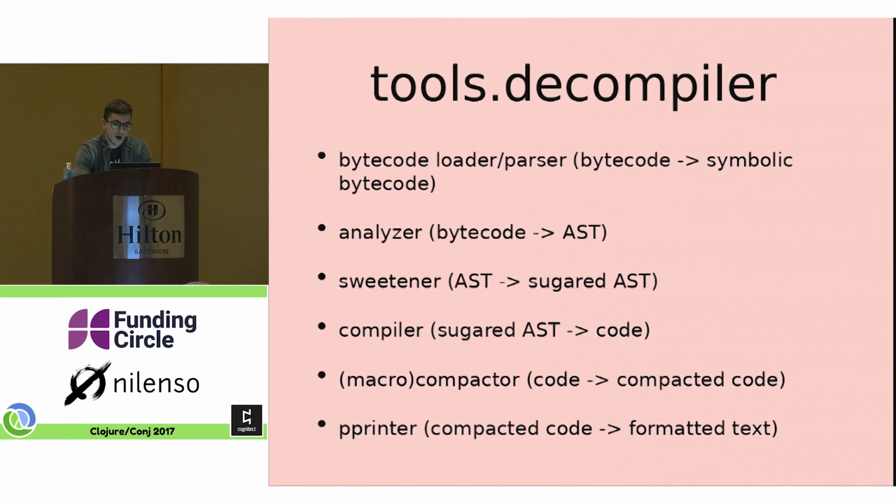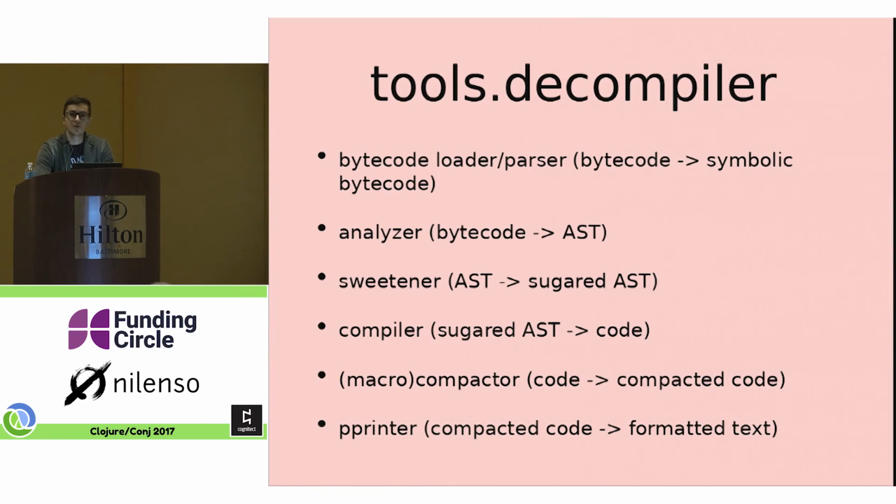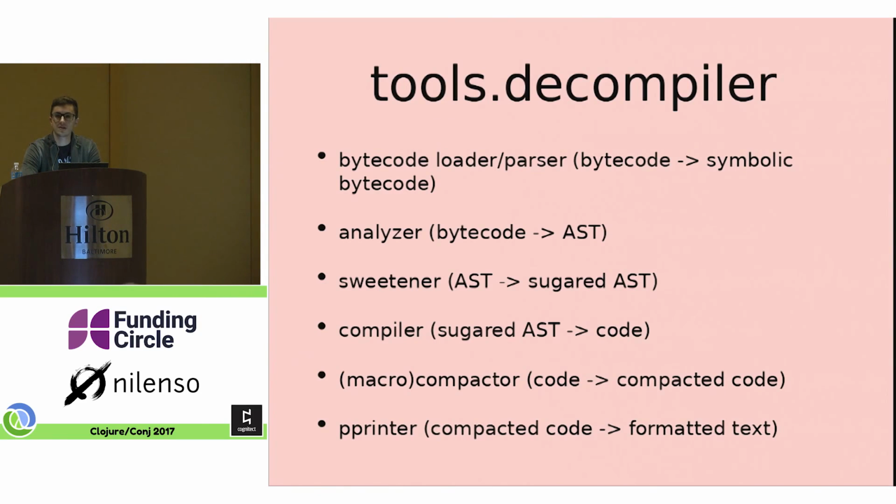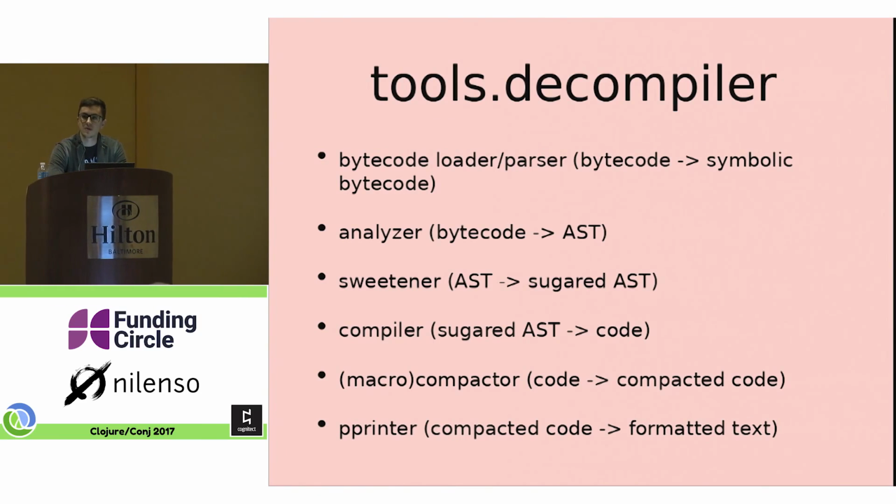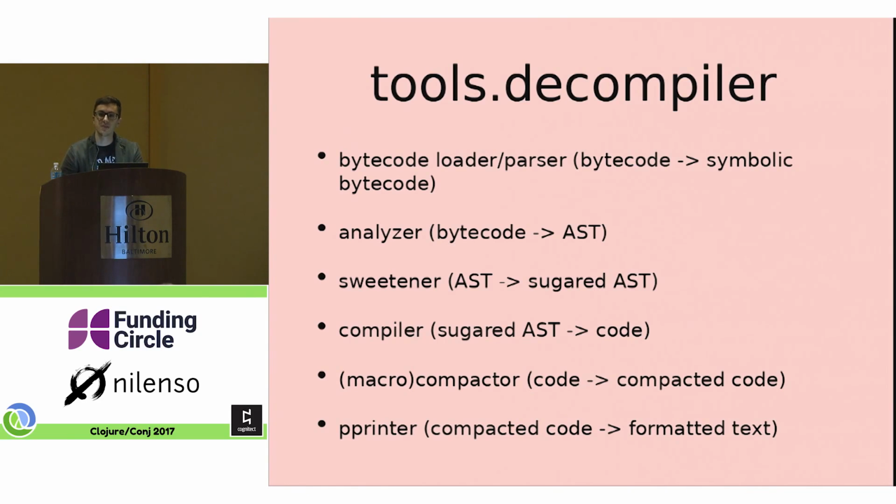So with that in mind, the architecture of the decompiler is this. We have a few more phases than what I previously described, but it's pretty similar. Initially we have a bytecode loader, which takes a byte buffer or a byte array that represents bytecode and returns the same bytecode in a symbolic form so that we can manipulate it as if it was data.